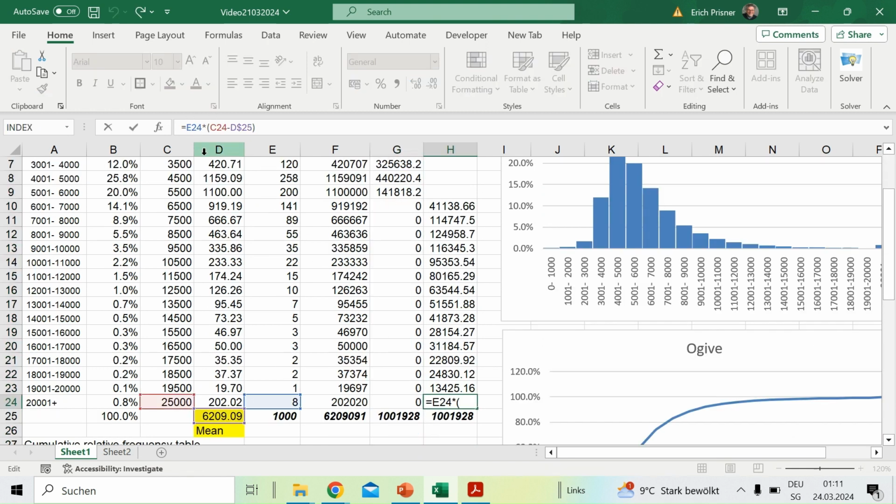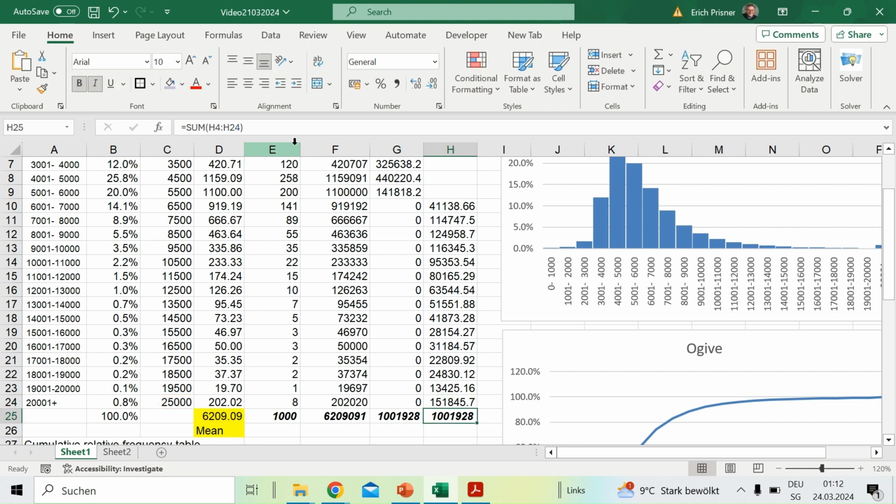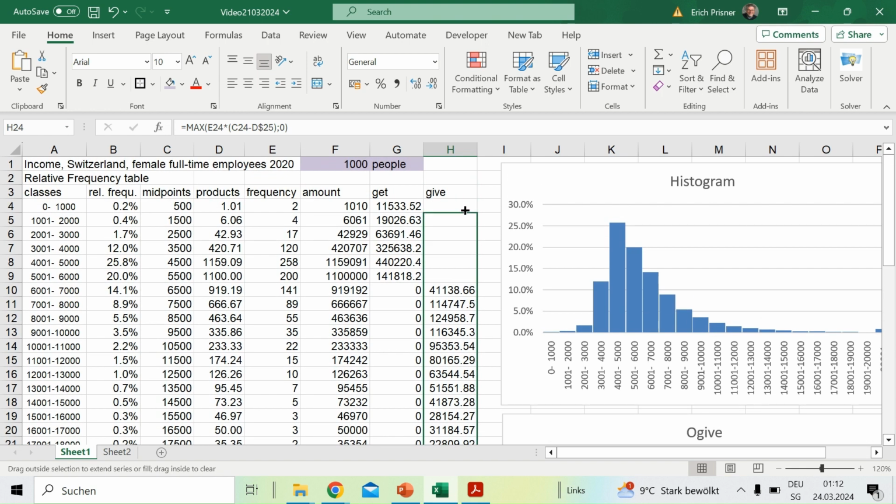I'm replacing this one by max and going with this one, putting a semicolon and a zero. Again, zero, semicolon or comma. Check it out, depending on whether you have a decimal point or comma. And then I'm pulling this up, and we have zeros as well.